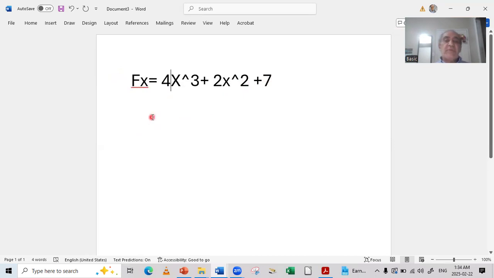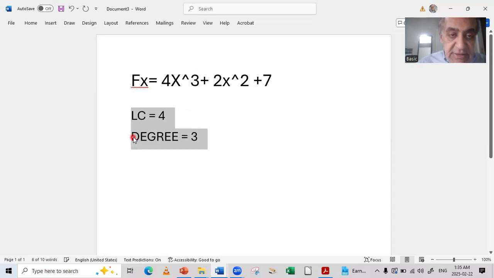So here we have something called the leading coefficient, and usually we use the letters LC, meaning leading coefficient, which here equals 4. And the degree of this function will equal 3. So the leading coefficient is 4, and as you see, the degree is 3.